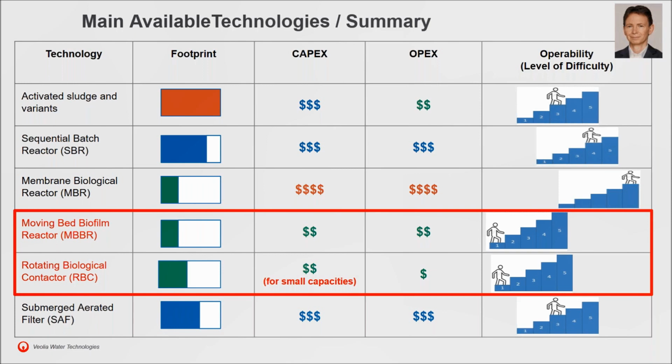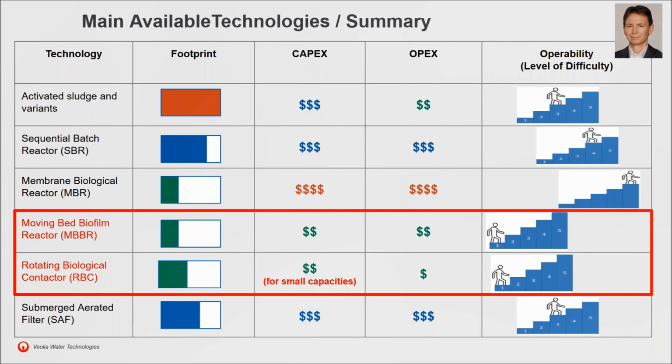Other technologies such as SBR and SAF are in between. If we now look at the CapEx, we can see the most expensive technology is usually the MBR because of the membranes and auxiliary equipment required, while the most competitive technology would be RBC for the low end of the flow range and MBBR.